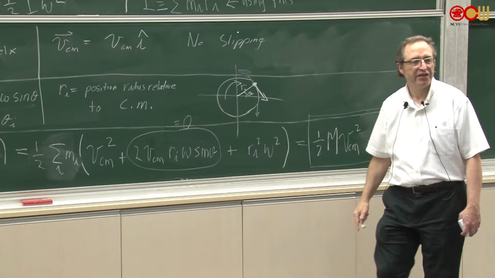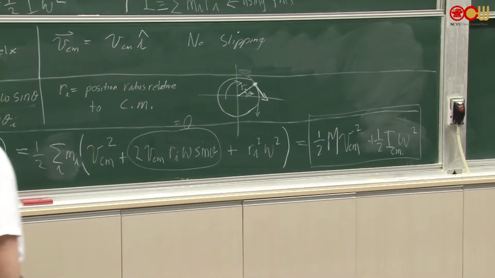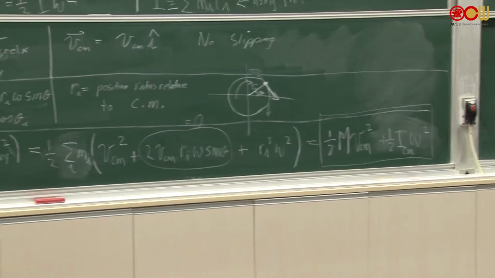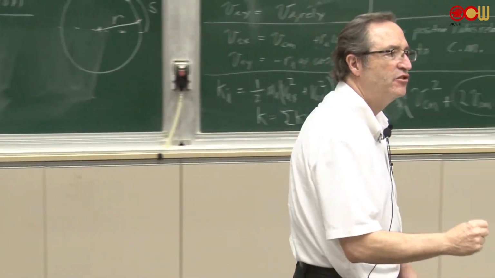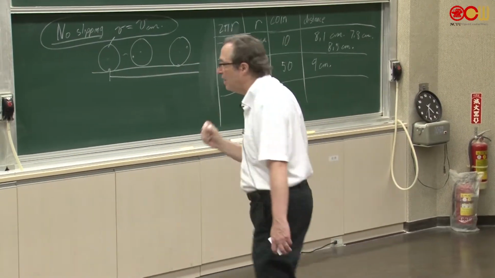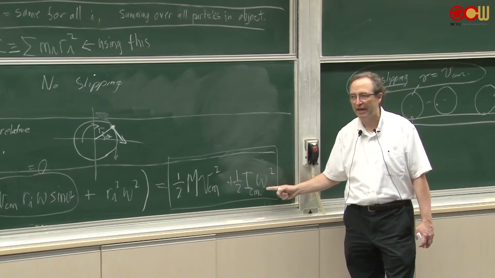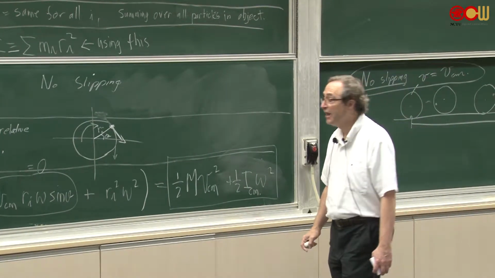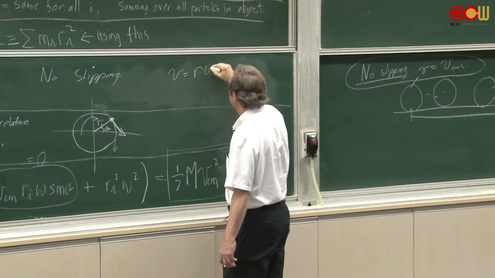So it's pretty amazing. We can view the rolling of an object as having two parts to its kinetic energy: the kinetic energy of the center of mass, as if it wasn't rolling at all, plus the kinetic energy about the center of mass. And we have one other nice result. Remember, V equals R omega.